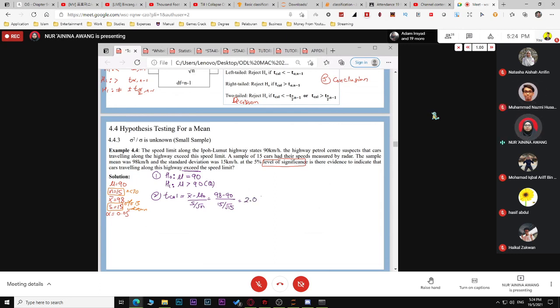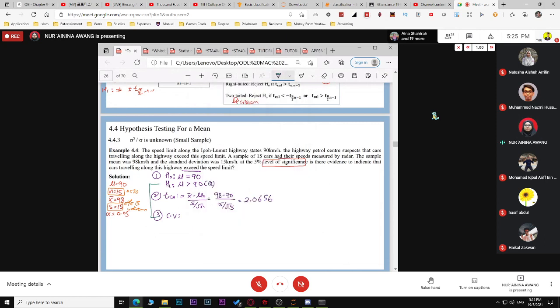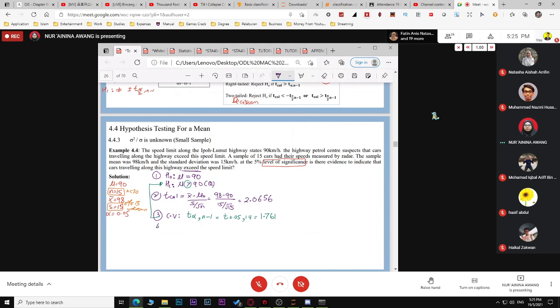Okay, 2.0656. And then the third one, since we use formula, so find the critical value. So anything we will refer to our H1. So since our H1 is more than, so dia akan jadi T alpha. Okay, positive, and then alpha no need to divide by 2, and then our degree of freedom. Okay, so T 0.05, 15 minus 1. Okay, so dia akan jadi nanti value dia is 1.761. Okay. And then next step is your decision rule.